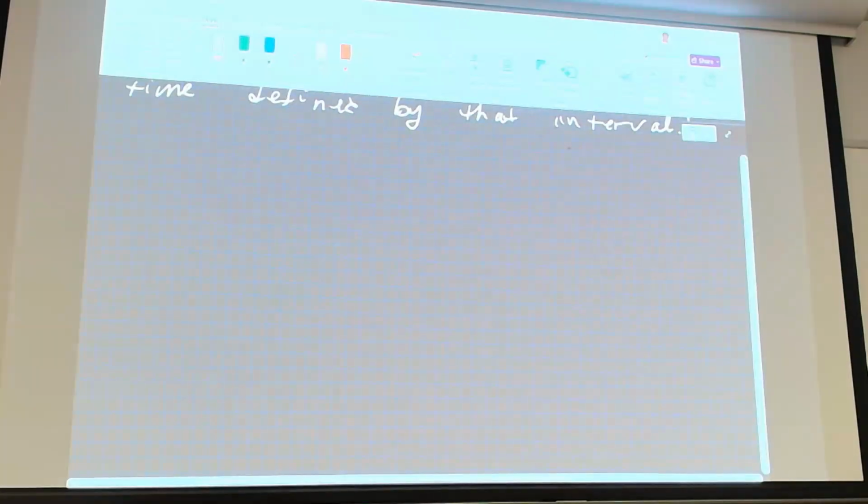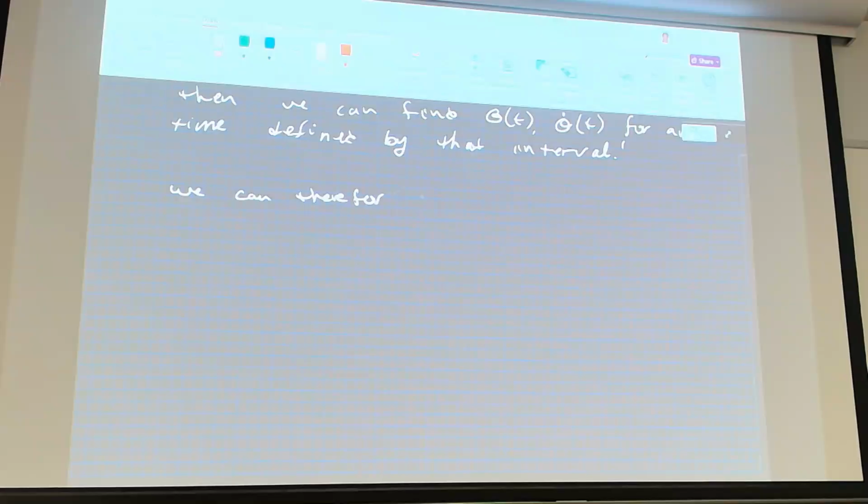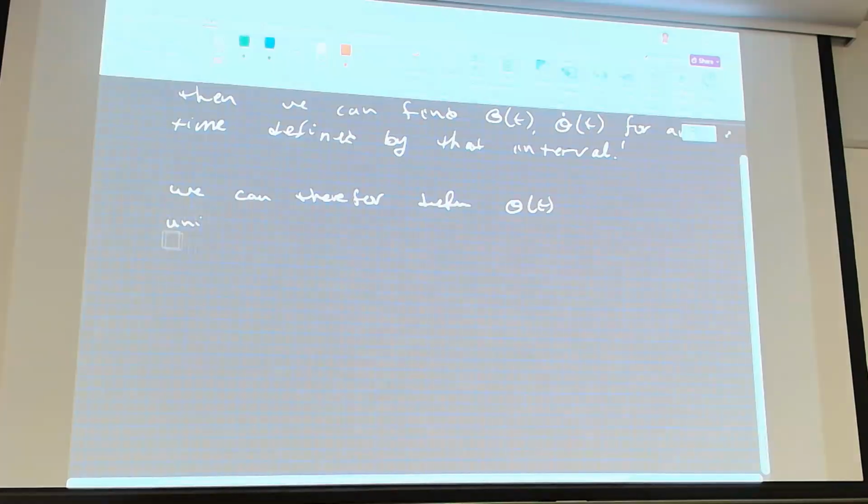I can use my polynomials, so we can therefore define theta of t using polynomial.